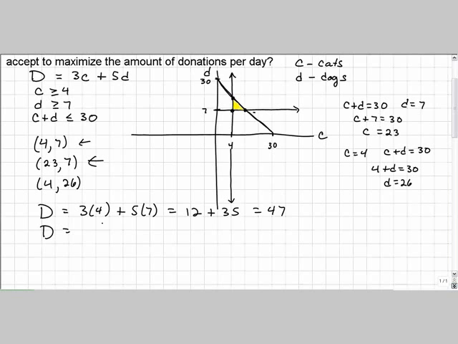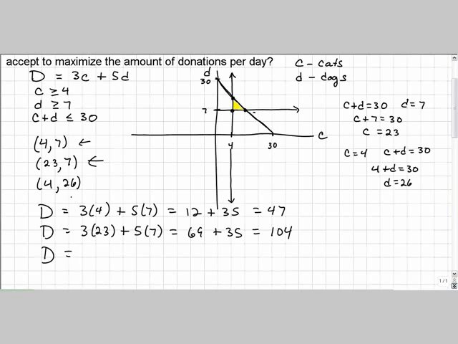At this vertex, we're going to have 3 times 23 plus 5 times 7, which is 69 plus 35, or 104.